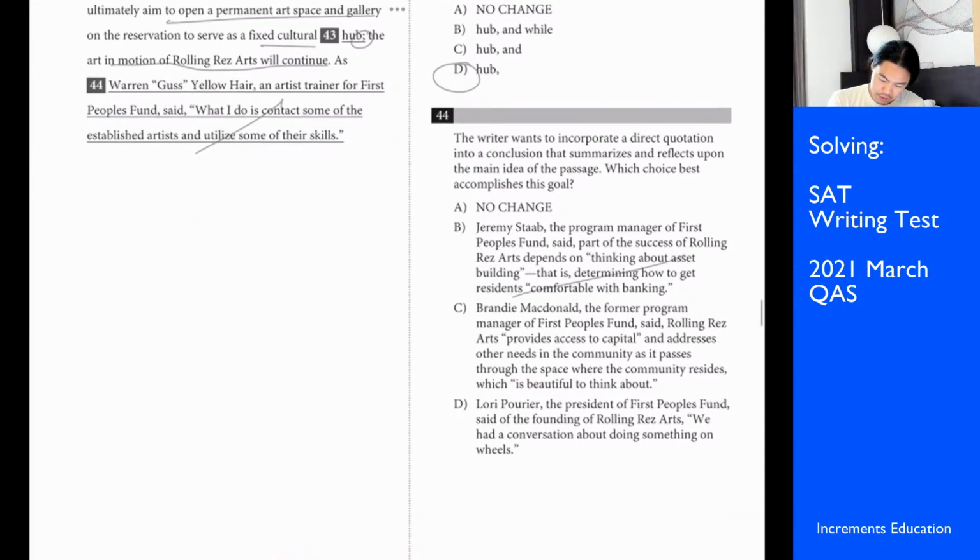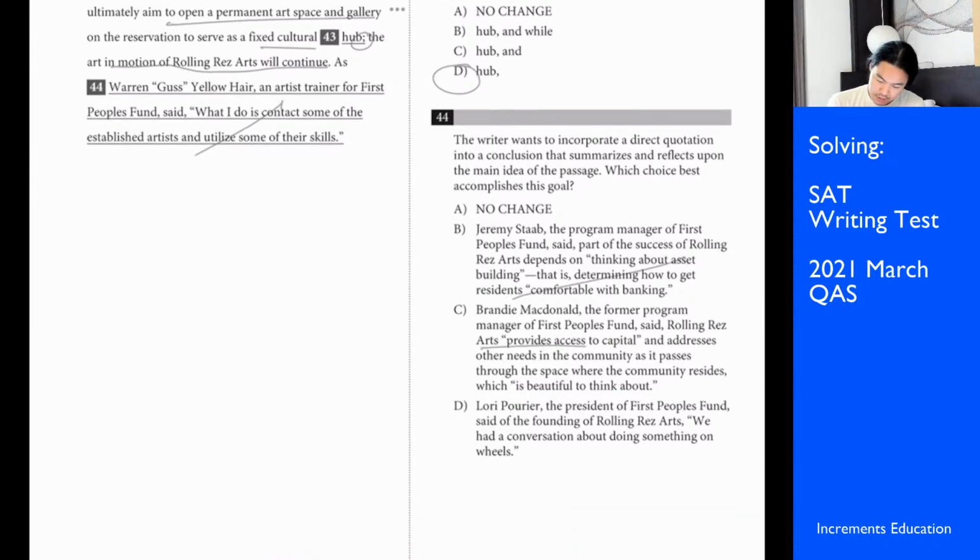No, this is too financial. Provides access to capital, addresses other needs. Passes through space. I guess this kind of works, kind of weak. Of the founding, it's too specific.